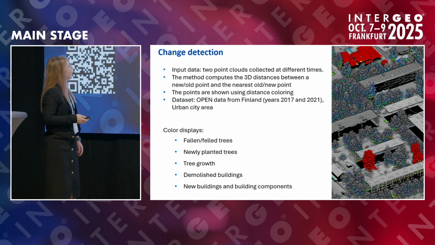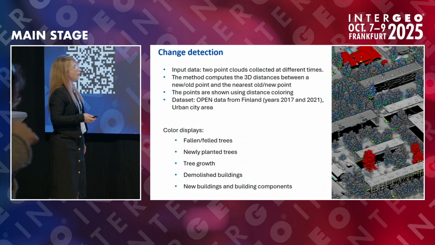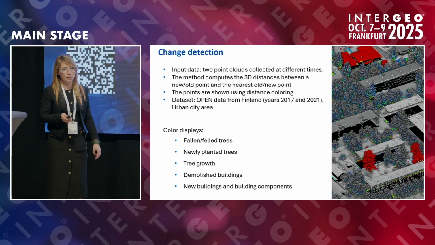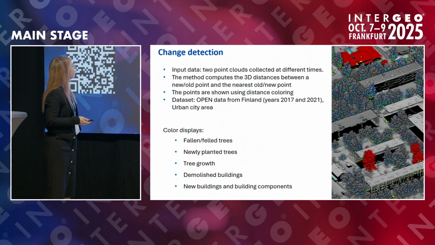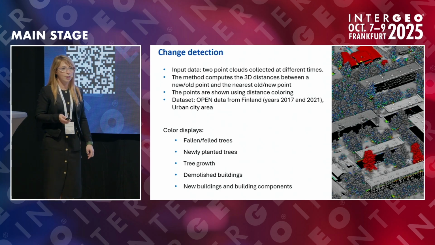As inputs, we have to have two point clouds, and the distance is computed between the reference point cloud and the active point cloud, which is captured later. The tool can help you see the buildings that were constructed within the few years between the scanning operations.